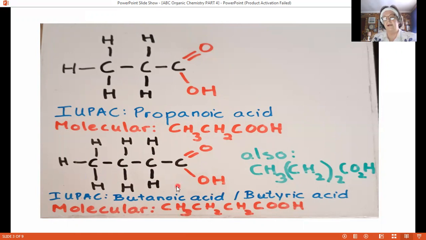So a shorter way to write it then is your CH3, the CH2 in brackets 2 to show that it is twice, and then CO2 to actually add these two oxygens, you write O2H. So this is an example of propanoic acid and butanoic acid.